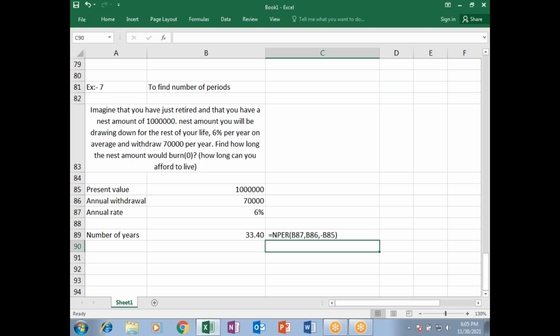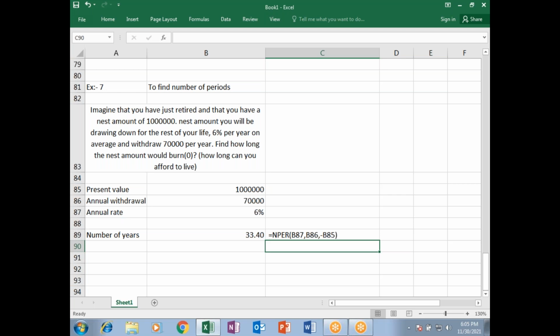Okay, now we will change it a little. When I have 10 lakh, I will leave 1 lakh as an inheritance to a charity. In that case, how many years can I afford it?